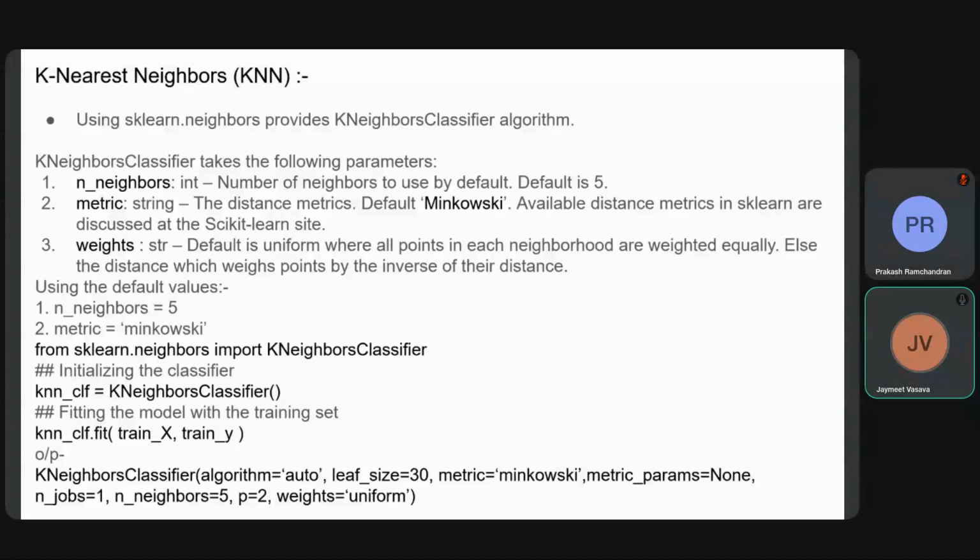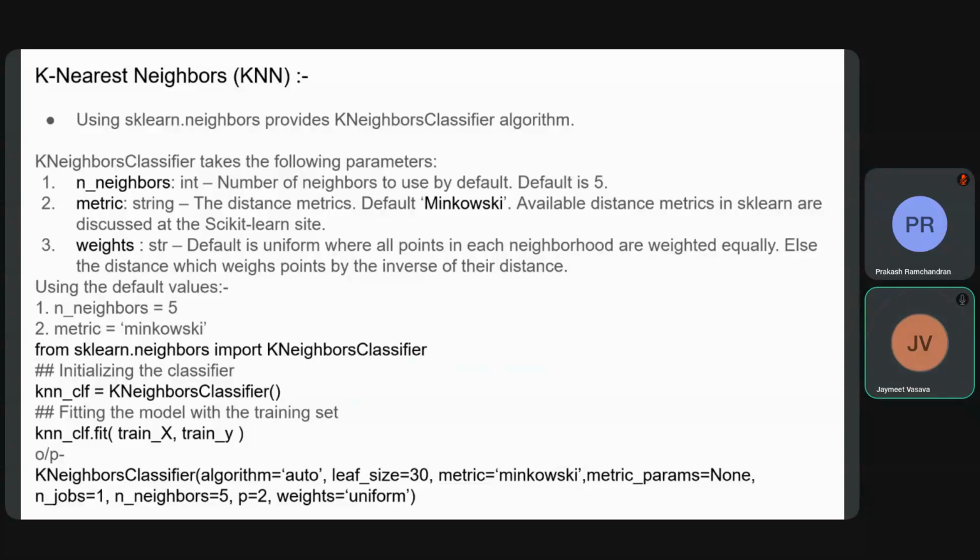By default the metric used is Minkowski, and the weights default is uniform, where all the points in each neighborhood are weighted equally, as opposed to distance, which weighs points by the inverse of their distance.